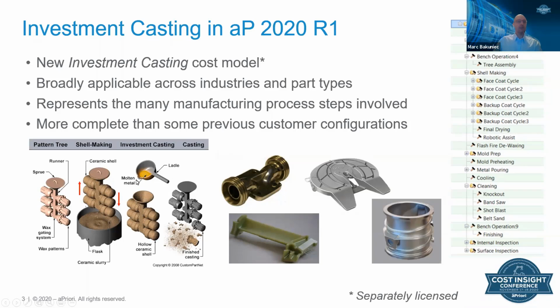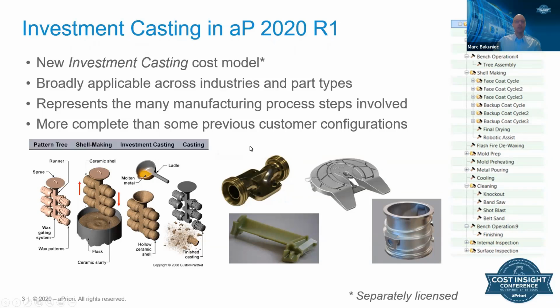Then we basically have the actual investment casting process where molten metal is poured into the ceramic shell. And the last step would be to take the parts out of the ceramic shell by basically breaking it. And then, of course, there are some secondary processes to take the single parts off the tree, and then potentially some inspection and other processes that follow.